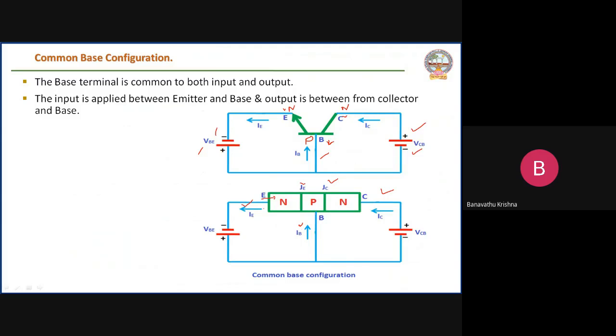Here the positive charge ions are more, and we apply the positive terminal, then the holes are moving towards the N region, which also gives a current. That is nothing but the base current. Remaining few recombinations occur in this base region. The remaining 98% of charge carriers enter into the collector region and move in this direction. Then the current goes in the opposite direction. It is nothing but the collector current. This concept we already learned in the last classes, right?